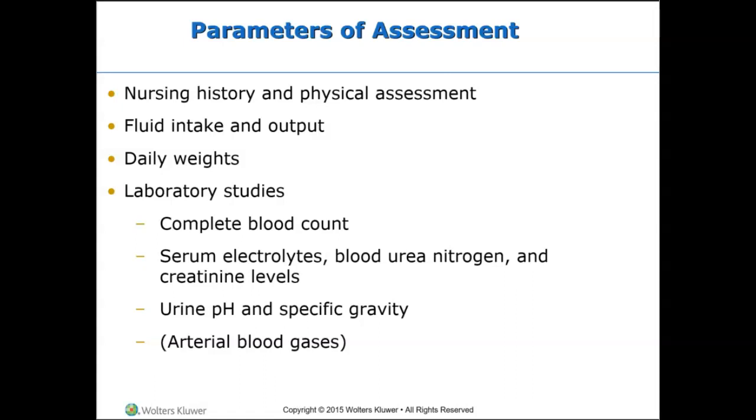So we're going to look at serum osmolality as well. We're going to look at blood urea nitrogen and creatinine levels and provide information related to fluid status and renal function, right? When we look at BUN and creatinine, it can tell us a lot about how the kidneys are doing and whether or not it's able to get rid of waste.